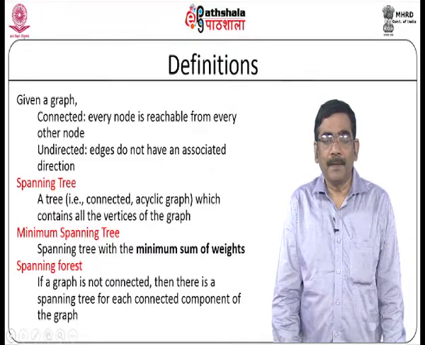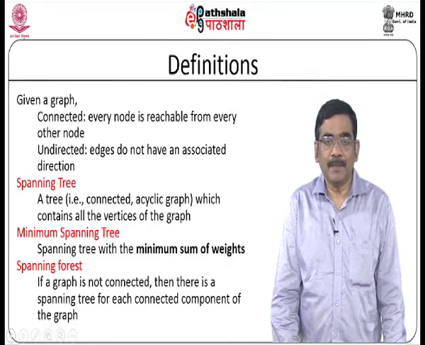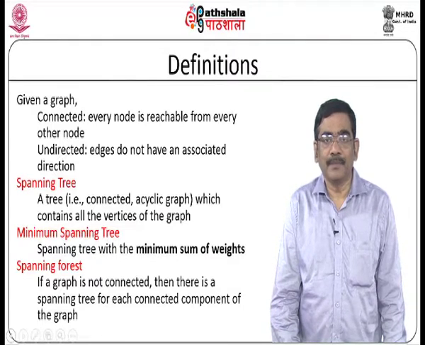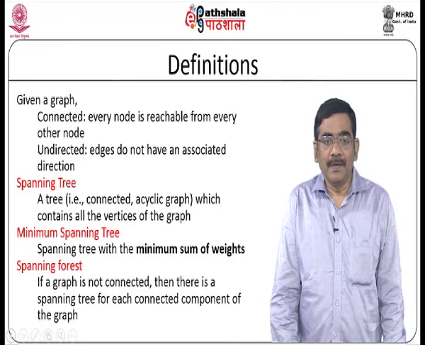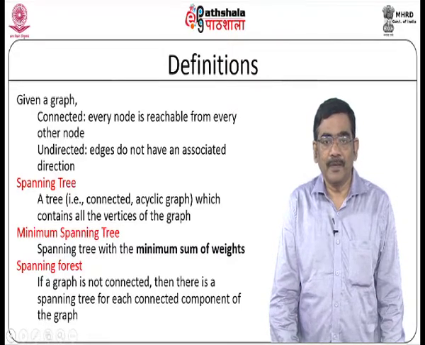So, the main objective of this particular module is to introduce the concept of spanning tree. Let us review some of the basic definitions that are required in order to understand these two algorithms. Connected graph means every node is reachable from every other node.